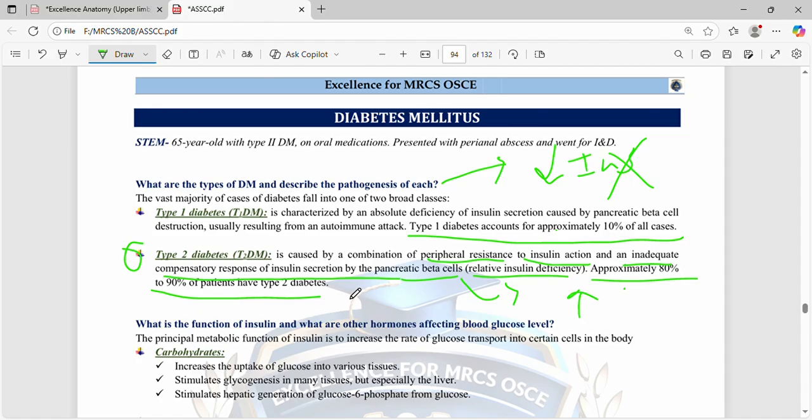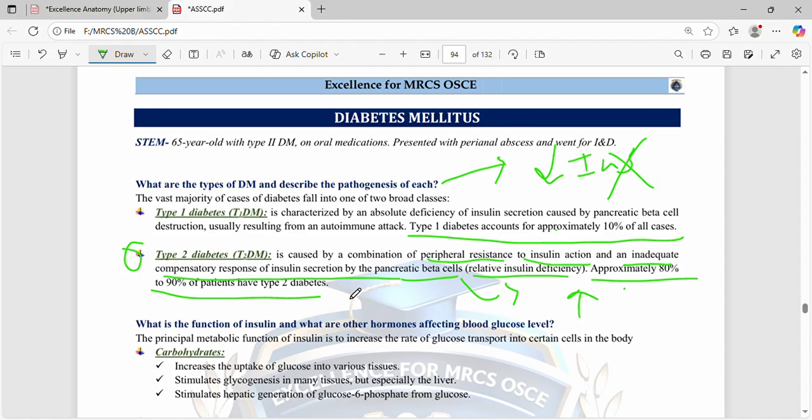Basically, there are two main types of diabetes: type 1 and type 2. Type 1 is insulin deficiency. Basically, there is no production of insulin from the islets of Langerhans beta cells.